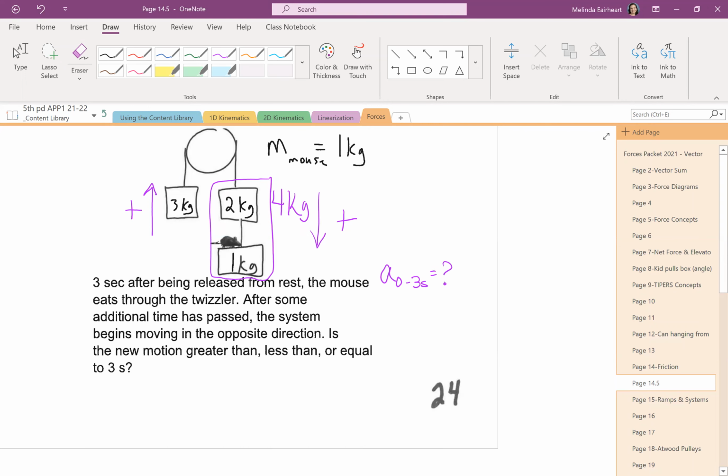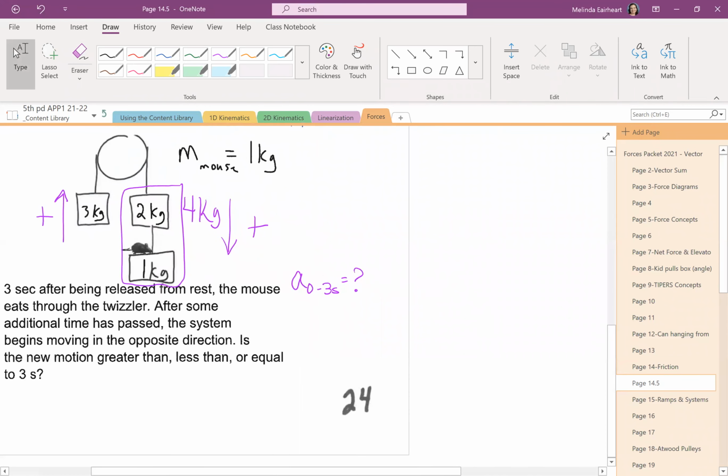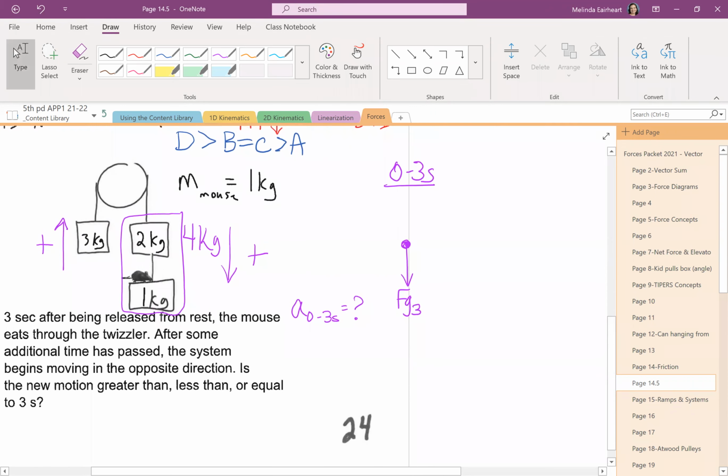And so I'm going to look at it in the first 3 seconds before it eats through the Twizzler as a 3 kilogram on the left and a 4 kilogram on the right. Good there? And so 0 to 3 seconds, I would have our 3 kilogram. We've got a gravitational force. I'm going to say FG3. And then it's going to accelerate in the upward direction, we said. And so it's connected to a string. So tension is going up.